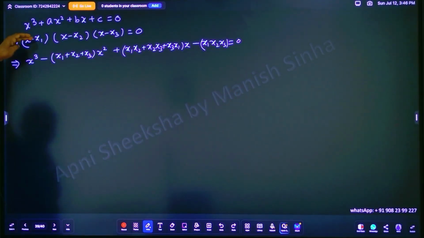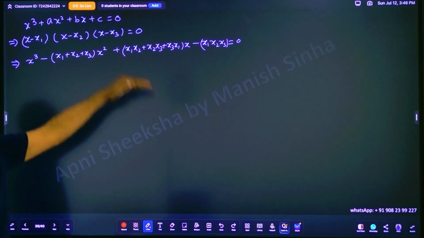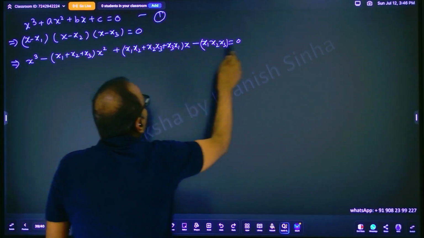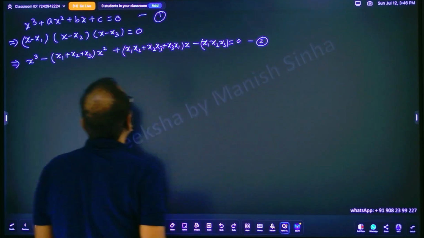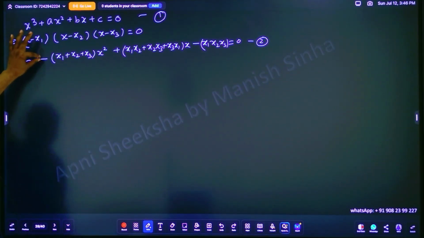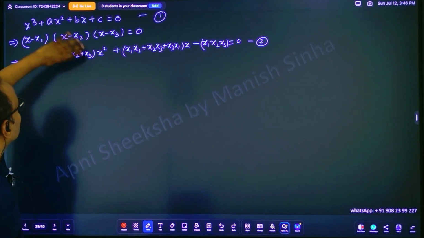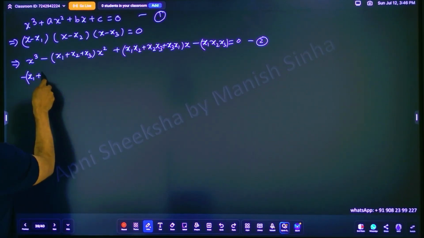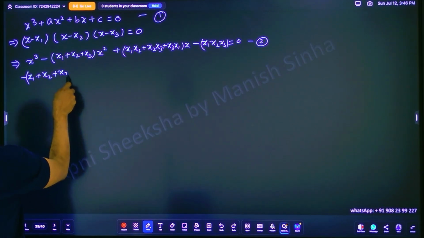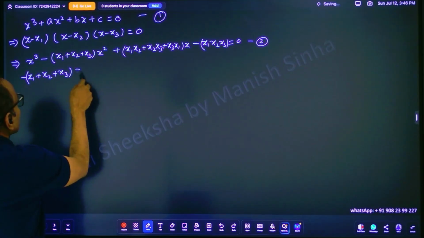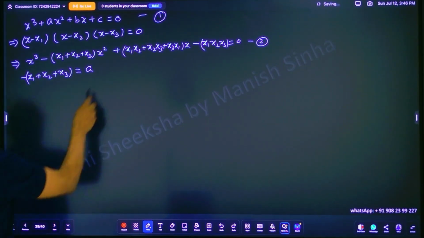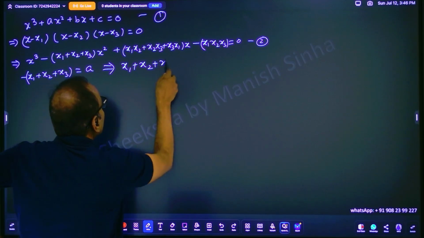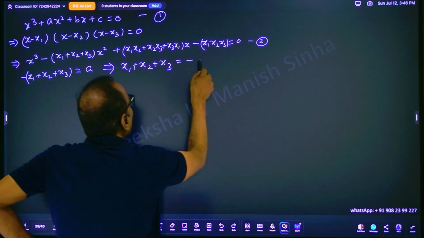So if you expand and reorganize, you will get this. Then you can compare 1 and 2. So minus x1 plus x2 plus x3 should be equal to a, meaning x1 plus x2 plus x3 should be minus a.